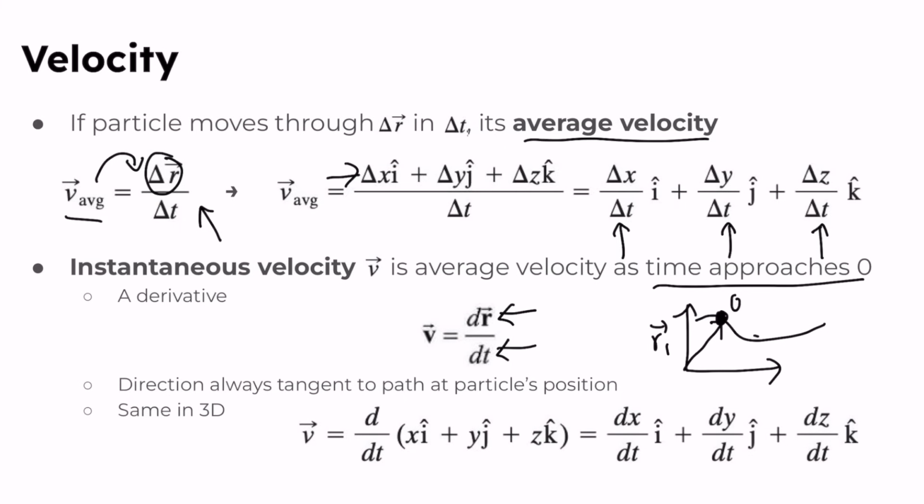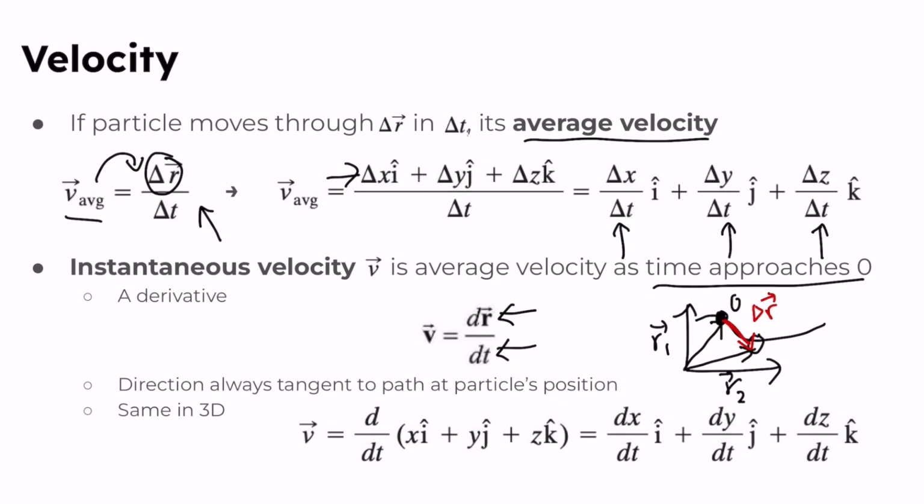But now it moves to this position over here, and that would be r2. So delta r in this case would be this line over here, maybe I'll draw it in another color for ease. This line would be delta r, so that is the displacement. And we can see that as the particle moves, the position vector must change.